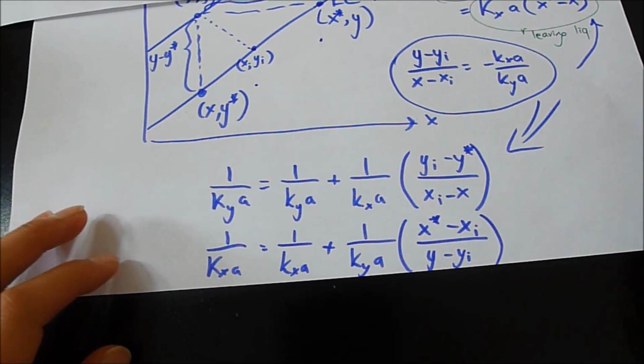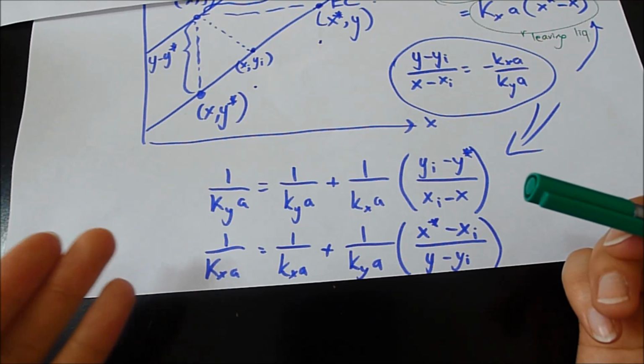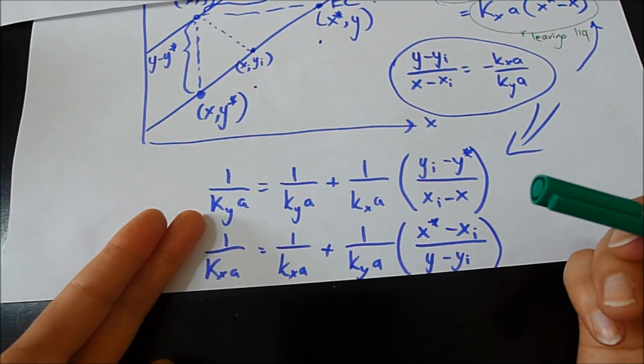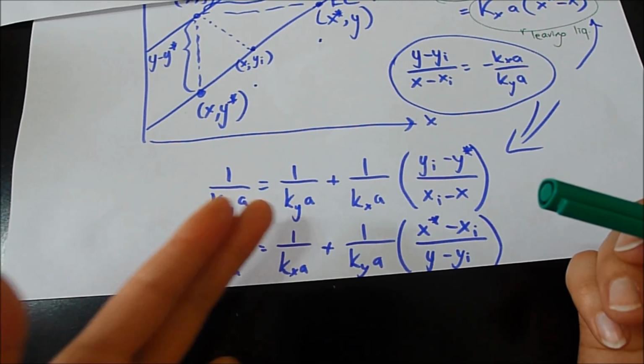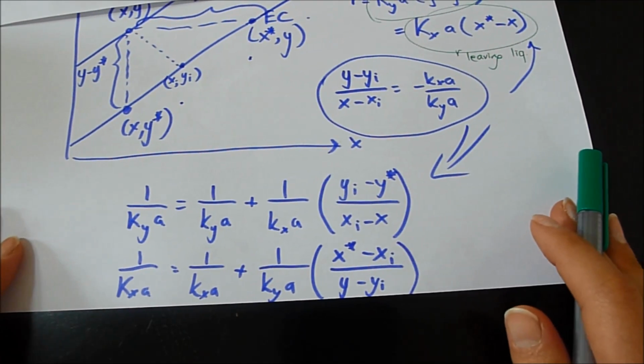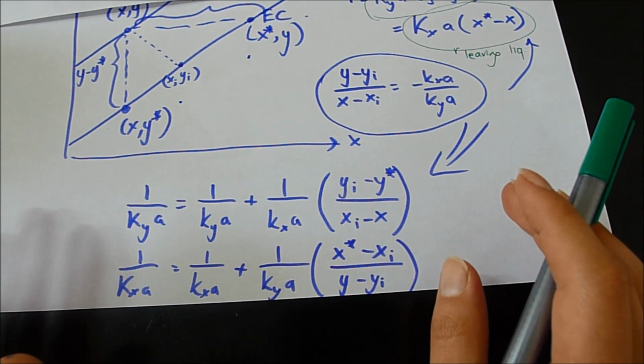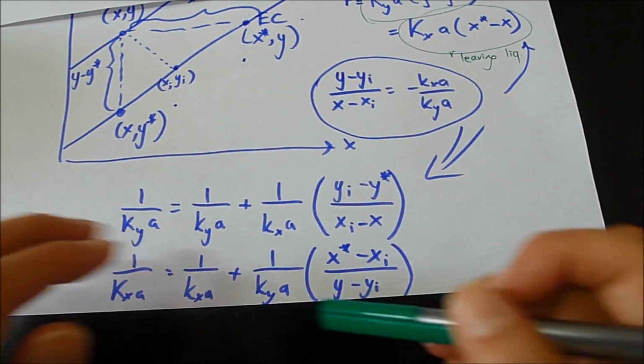So what is the point of doing this? The point is to relate the big Kya to small kya and big Kxa to small kxa. And these equations can be further simplified.